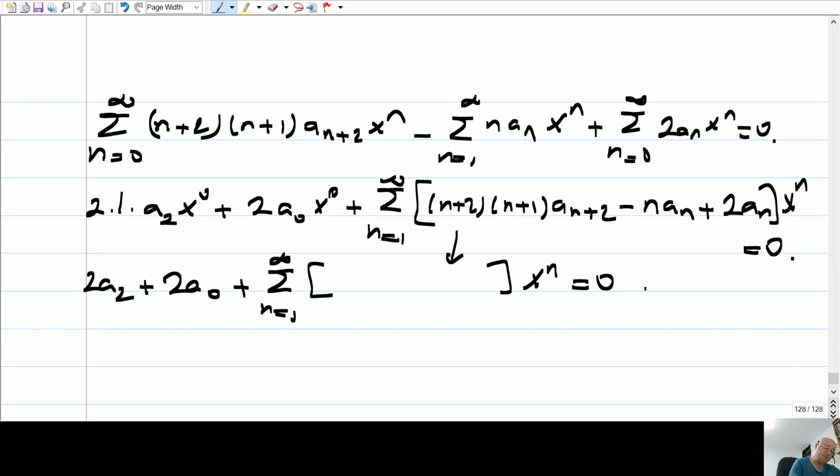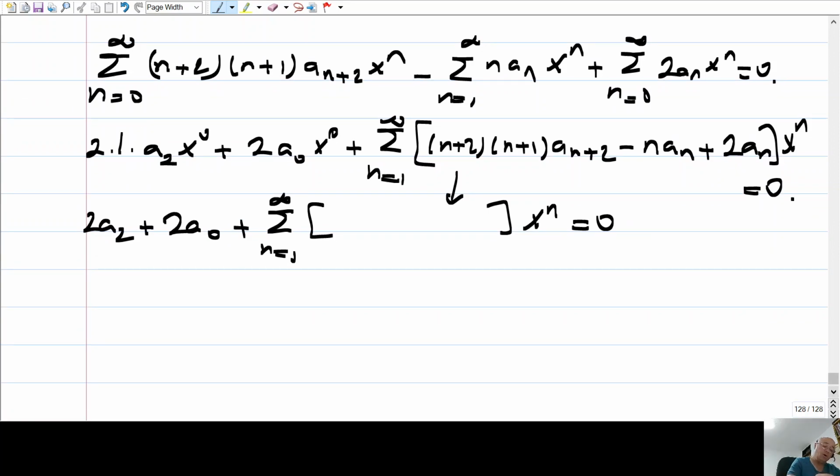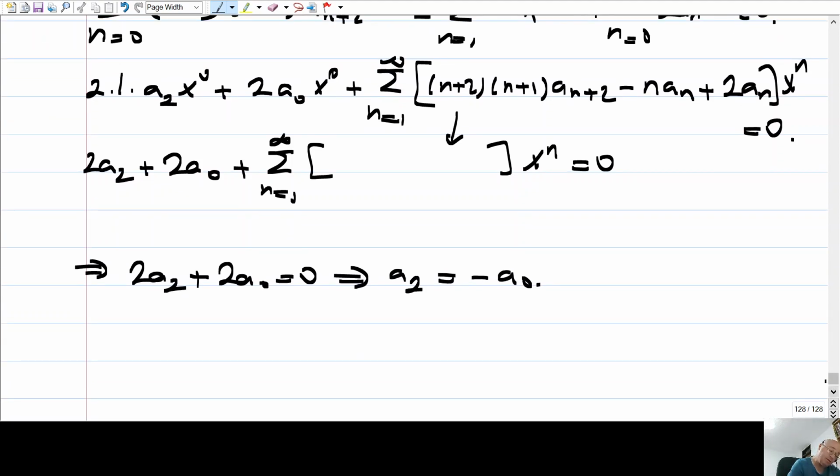Well, since this is the 0 summation, the coefficients of this power series must be all 0. The coefficient of the x to the power 0 term, so the constant term, is just 2a2 plus 2a0 equals 0, which gives us that a2 is equal to minus a0, right?